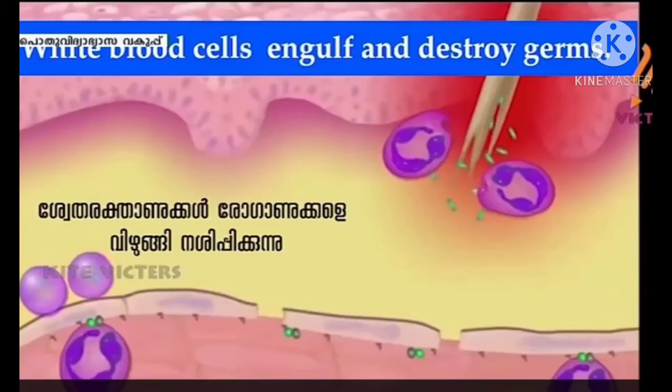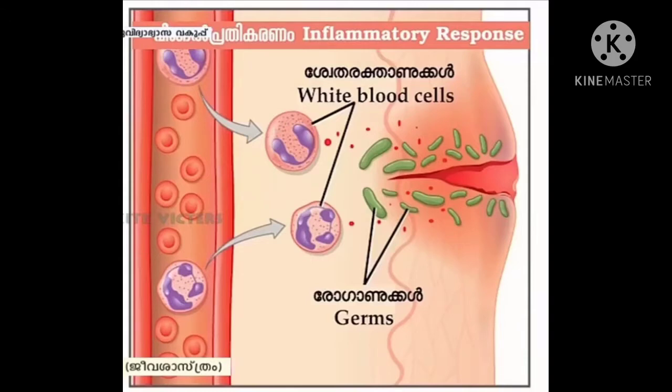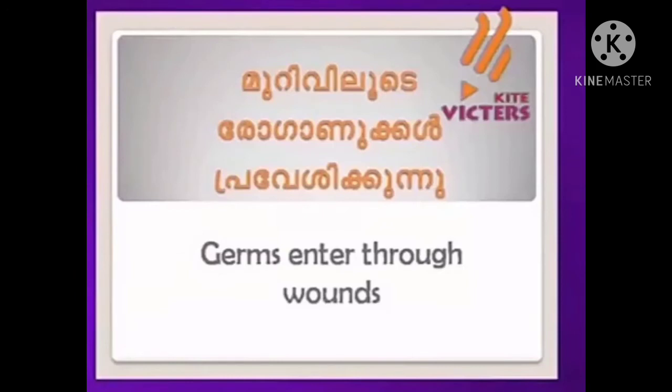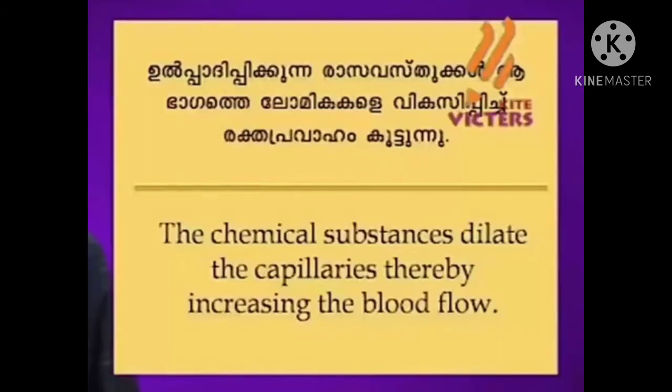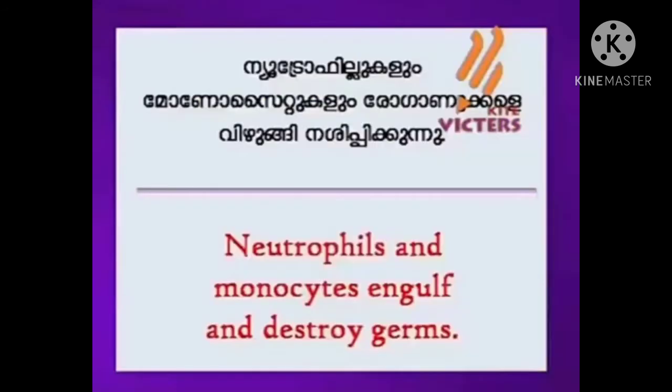Then, white blood cells engulf and destroy germs. This is inflammatory response. Here, germs enter through wounds, and the cells that are damaged by wounds or infection produce certain chemical substances. These chemical substances dilate the capillaries, thereby increasing the flow.